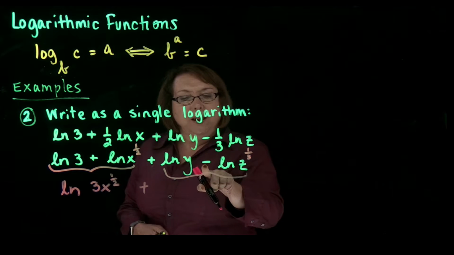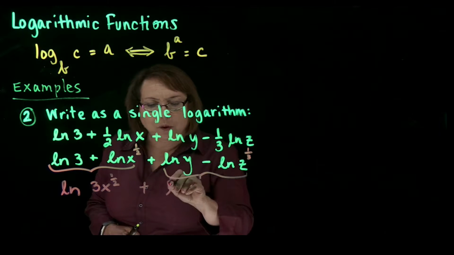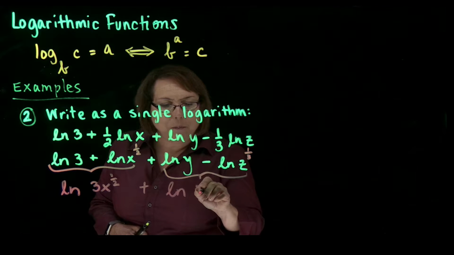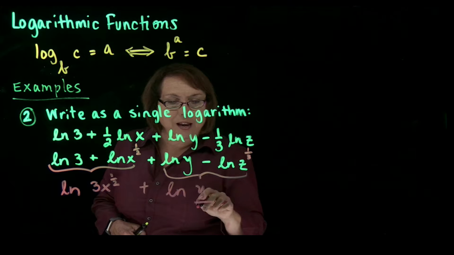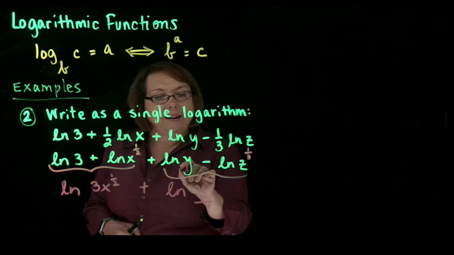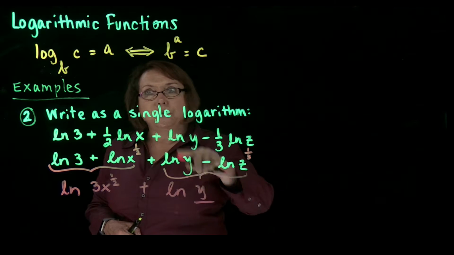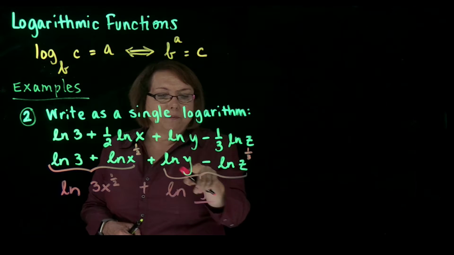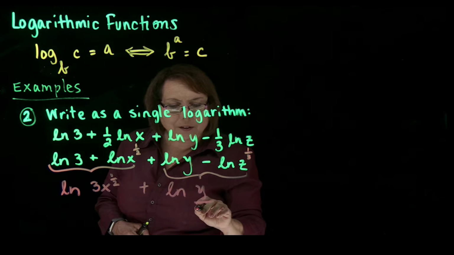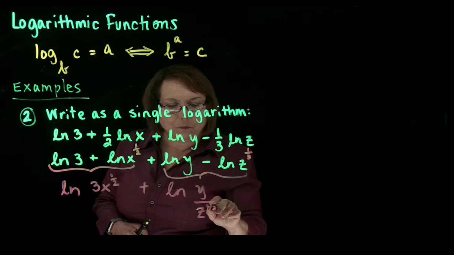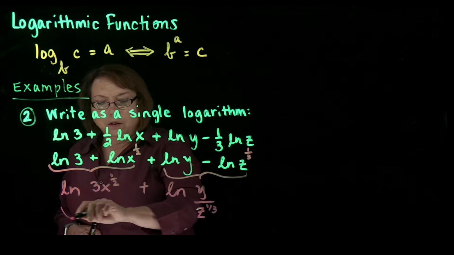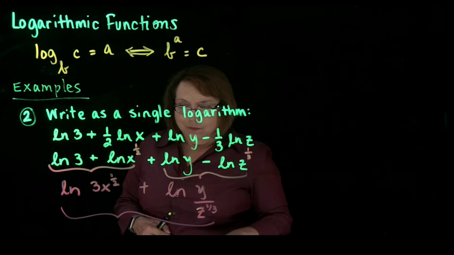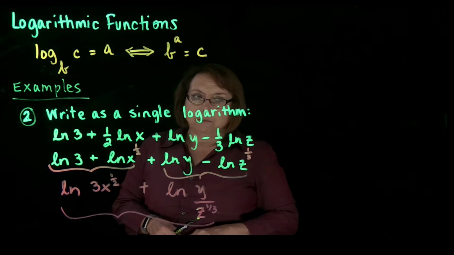So what do we do when we have a subtraction? Well, we'll have a natural log. Remember, the subtraction between the two logarithm terms means that we divide both values that follow the logarithm. So y divided by z to the 1/3. Now we have, once again, a sum.